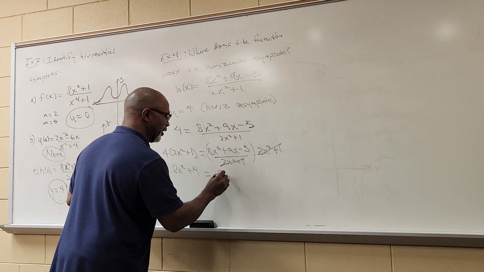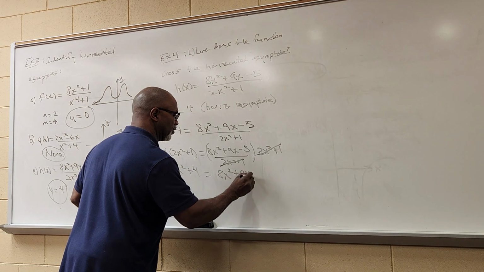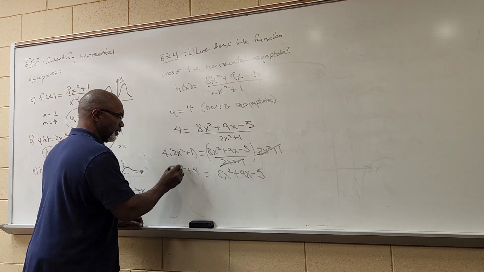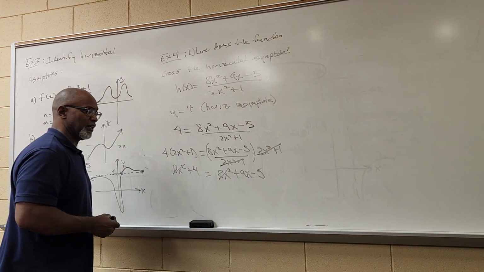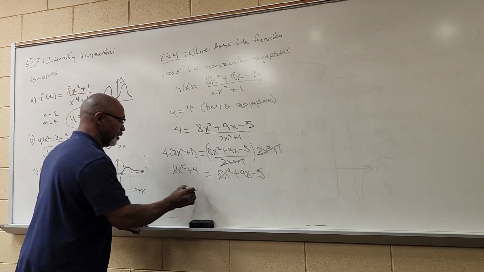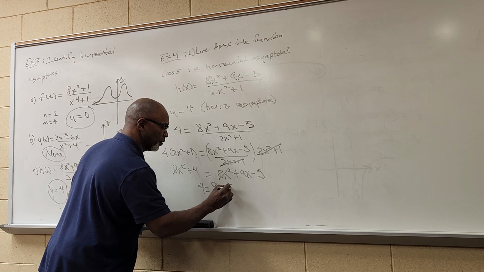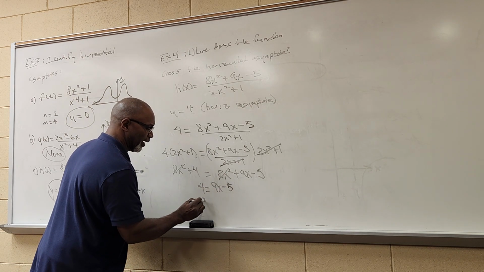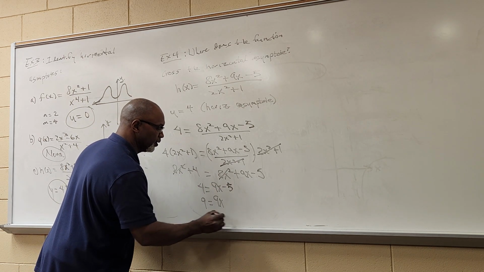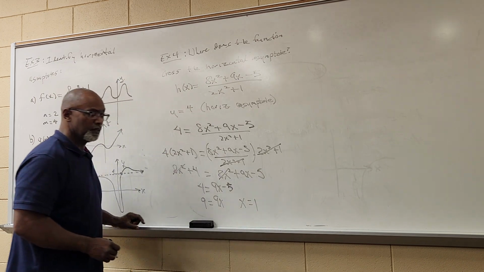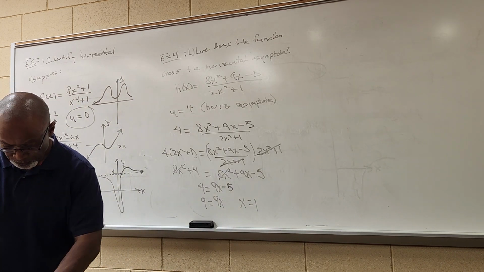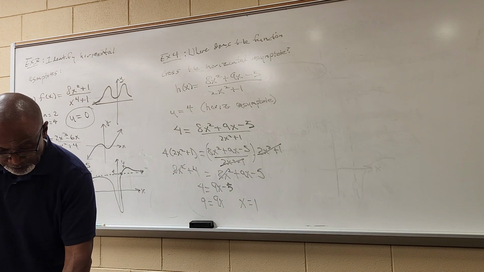And over here, all I got left is 8x squared plus 9x minus 5. Subtract 8x squared from both sides, they go away. And I get 4 equals 9x minus 5. Add 5 to both sides. x equals 1. So they crossed when x equals 1.